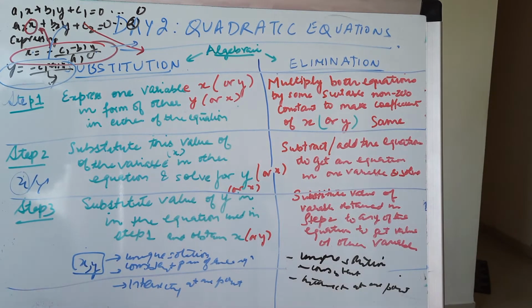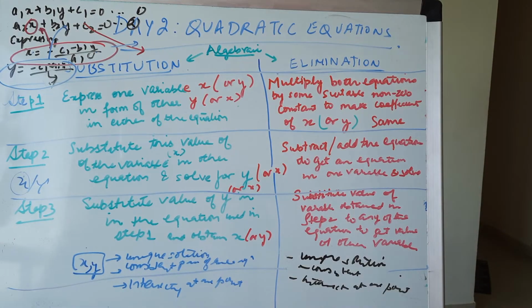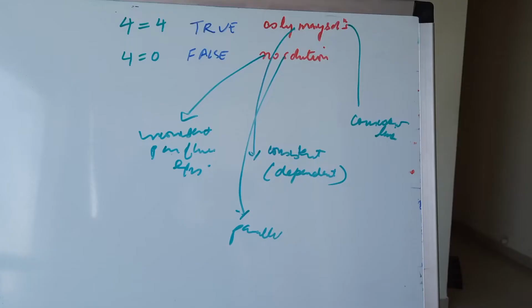As with the case of the substitution method, we have other ways of finding solutions also, which we learn in the graphical method as well. So we are going to come to it now. So this is for the elimination method.